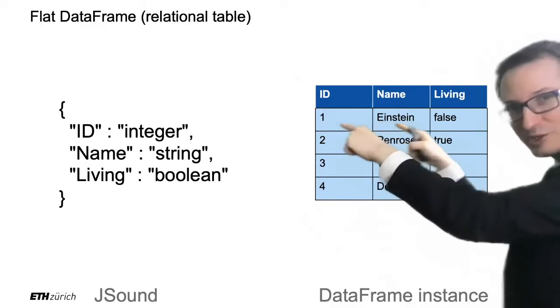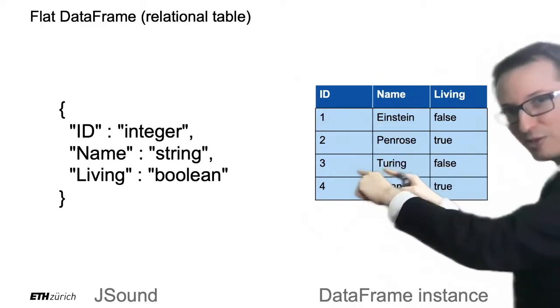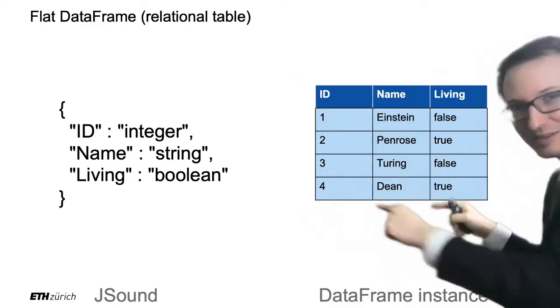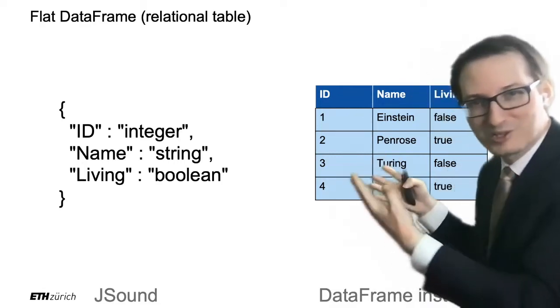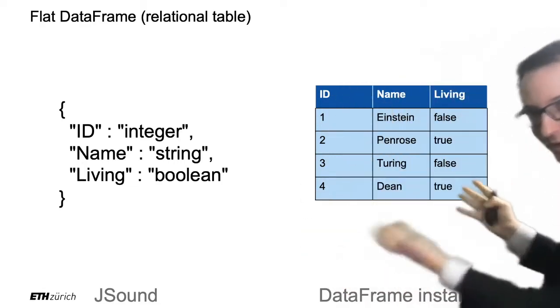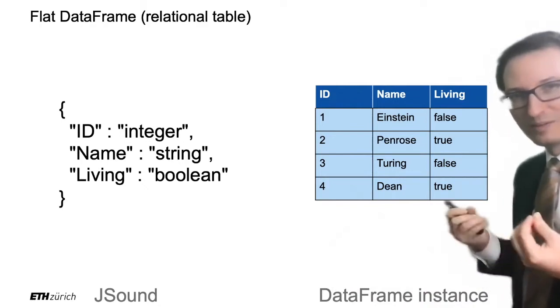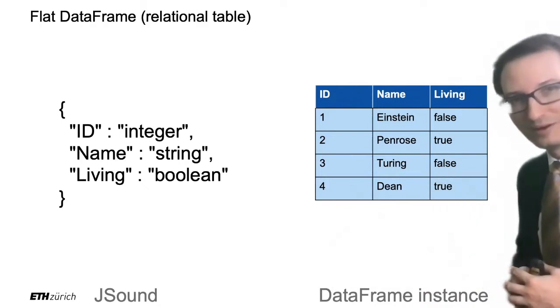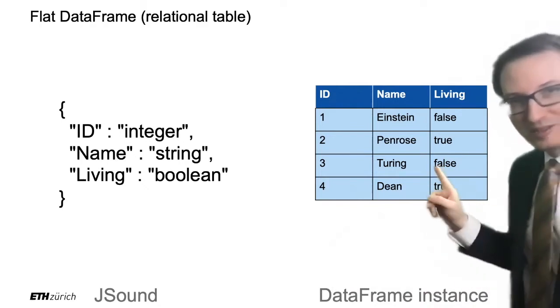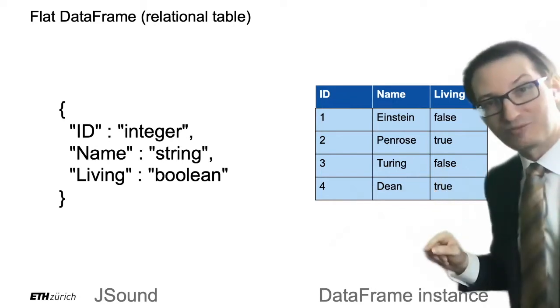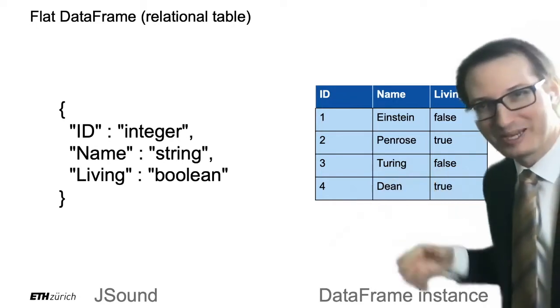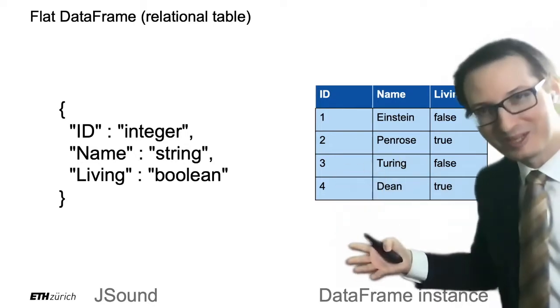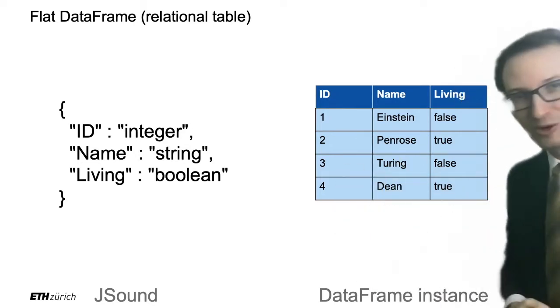So it's one JSON object here, second JSON object there, a third JSON object, and a fourth JSON object, except that, of course, now I'm not showing JSON anymore. I'm showing the actual nice, tidy representation. This, in fact, is called a data frame. Well, you will tell me, okay, that's also a table. Yes, but a data frame is more generic than a table, because a data frame can also be denormalized.